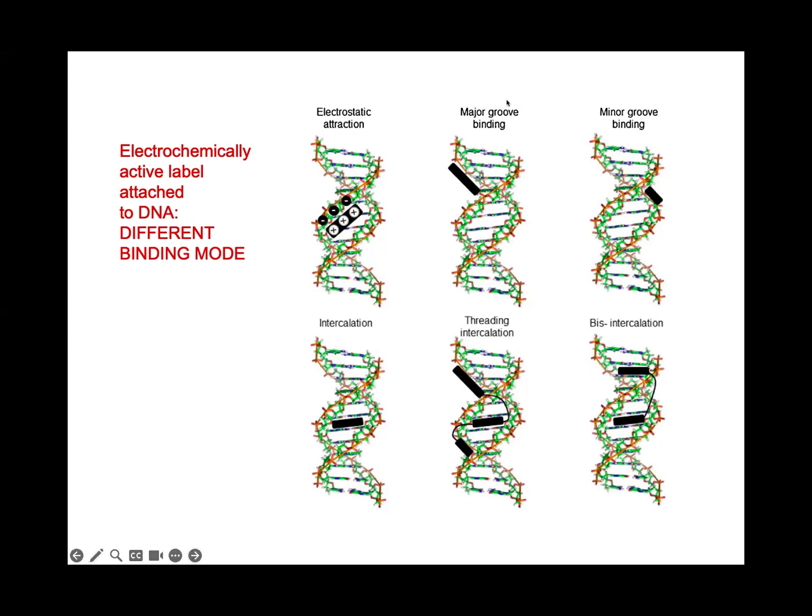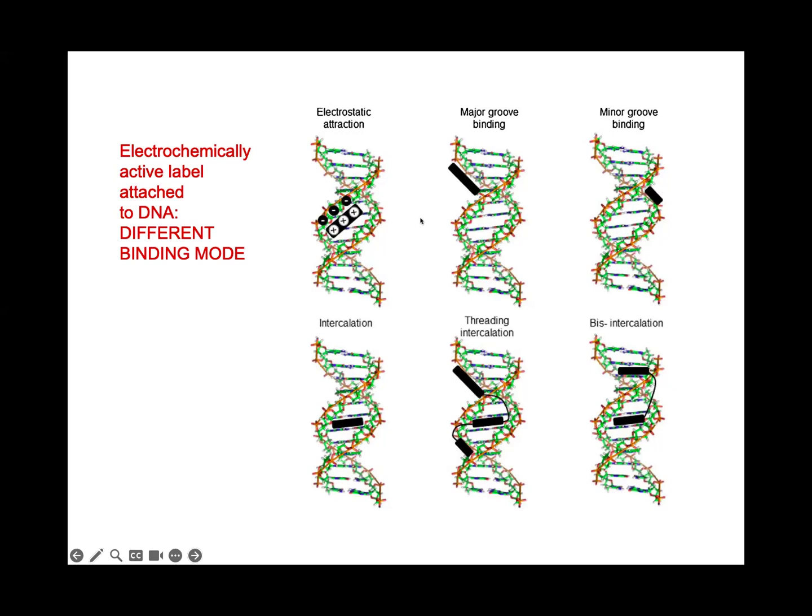Now we have a groove binder. So what is a groove binder? This is the area that we call the groove. This is also a groove. The intercalator goes in the middle, but this is what we call the groove, and this is also a groove. This part is called the minor groove binding part, and this is the major groove binding part.